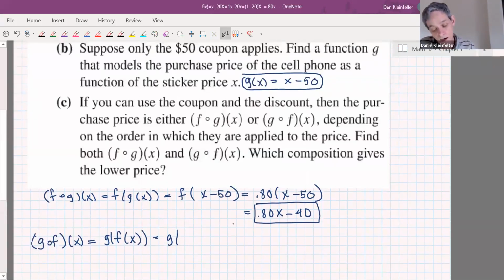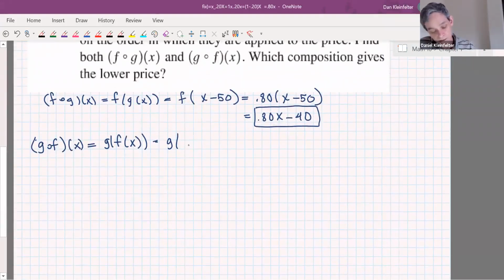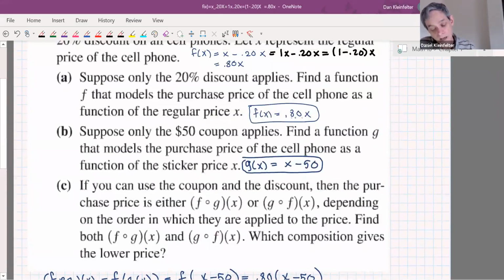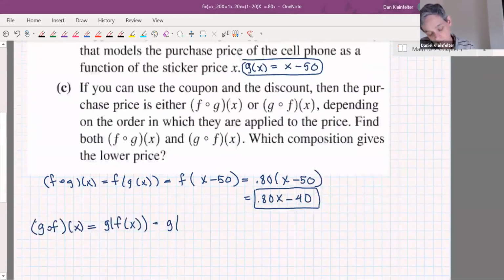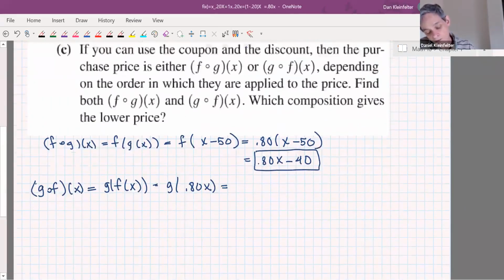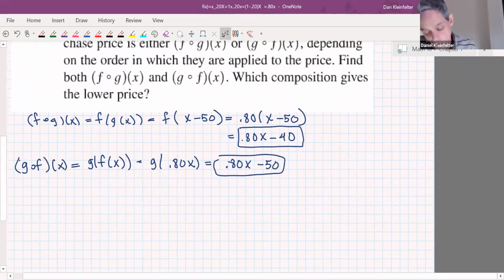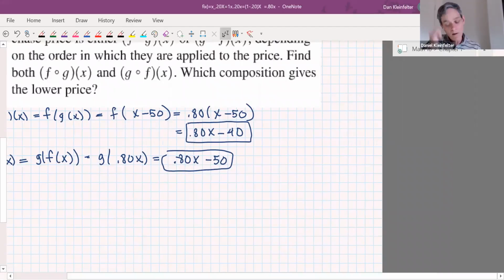So g is our take away 50 function. 0.80x is our input. And so we'll have 0.80x minus 50. Okay, so then it says which one gives the lower price? Well, 0.80x minus 40 or minus 50, the second one is lower.